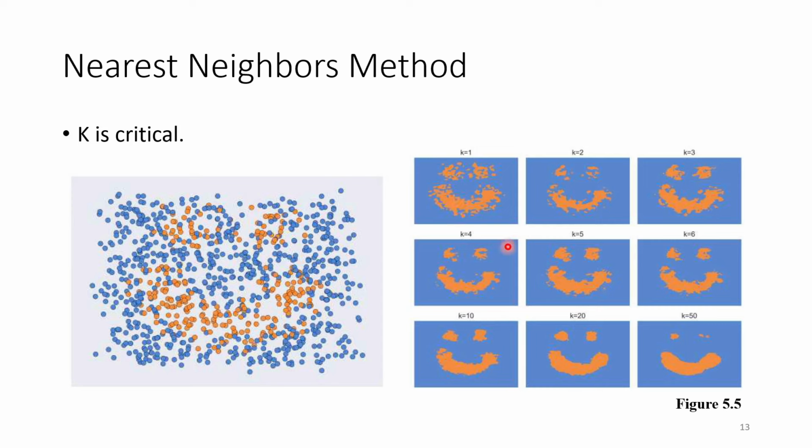So for different k, we will get different classification results. When we do experiments, if we want to use the k-nearest neighbor method, we usually need to tune the hyperparameter and try to figure out which k will generate the best result.